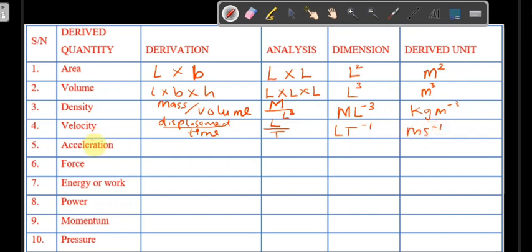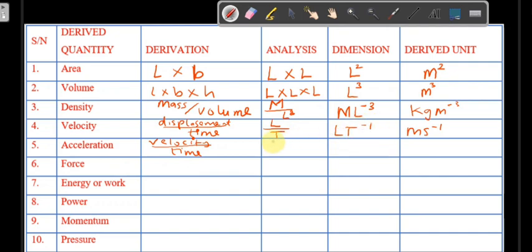So let's go to acceleration. Acceleration is velocity divided by time. We already know the dimension for velocity as LT minus 1.